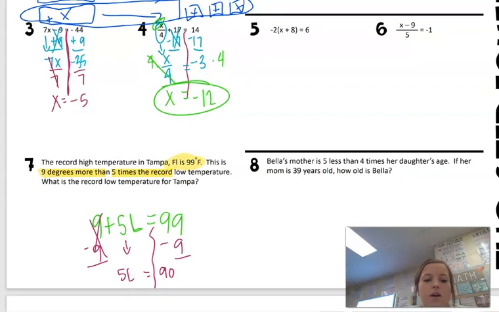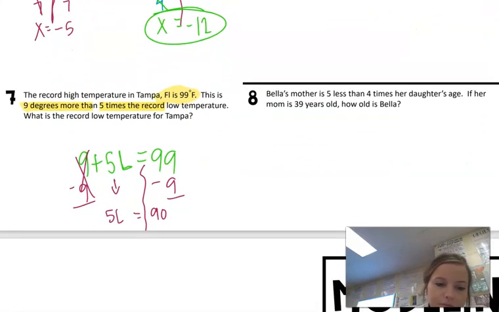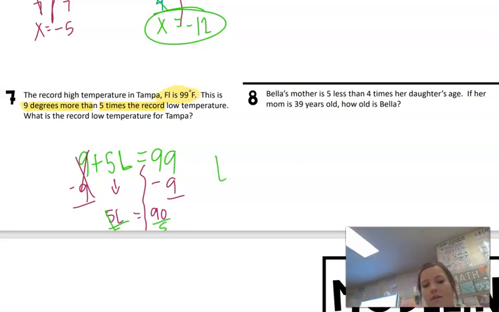Next, we are going to divide both sides by 5. 5L divided by 5, we're left with 1L. 90 divided by 5, we are left with 18 degrees. So 18 degrees is the record low temperature for Tampa.